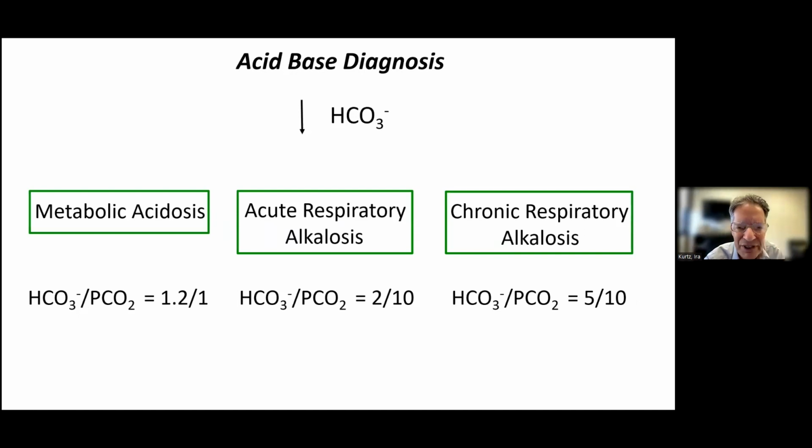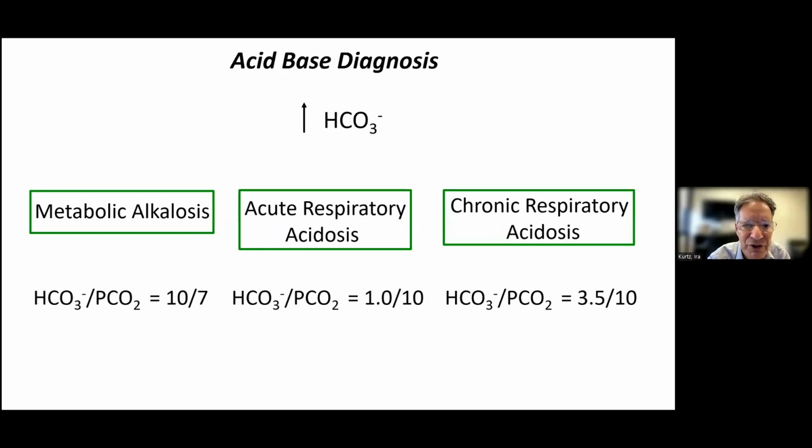It's actually 10 to 5. The bicarbonate falls about half of what the PCO2 fell. In respiratory acidosis, there's controversy currently where we use about 3.3 or 3.5 to 10. Some people think it's actually 5 to 10, just like the respiratory alkalosis. I'm sorry about that.